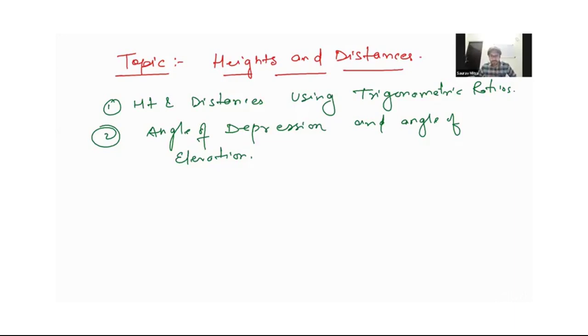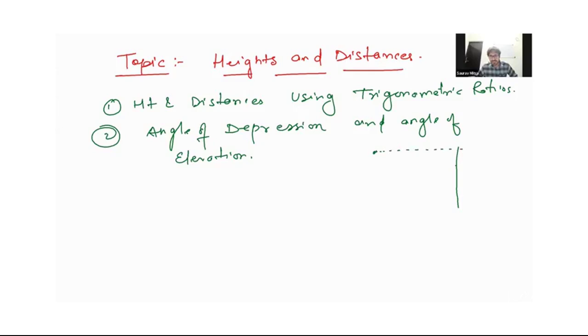See, if I am here and watching this tall tower, this is my tower. If I am visualizing, this is my line of sight.